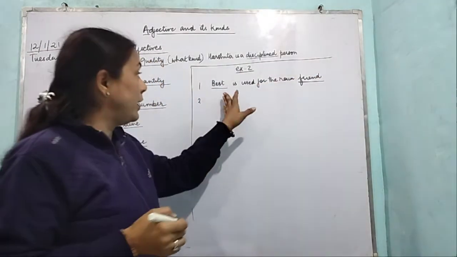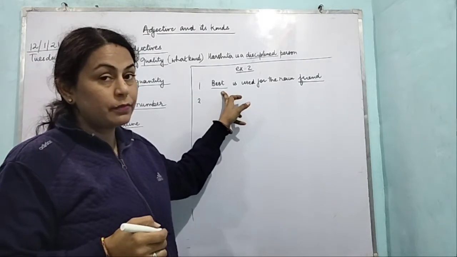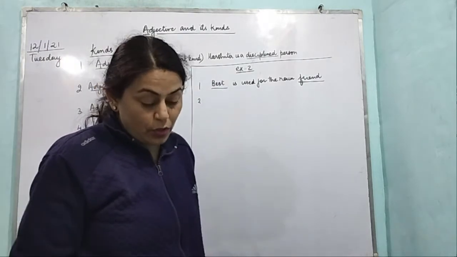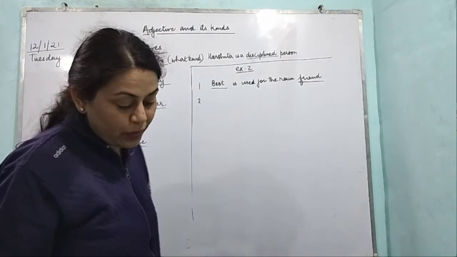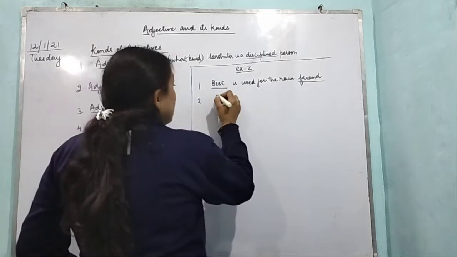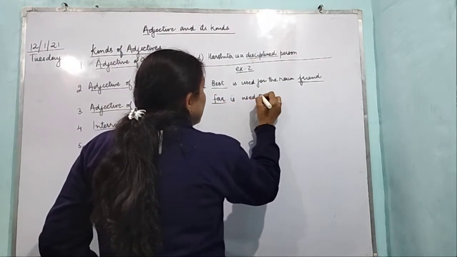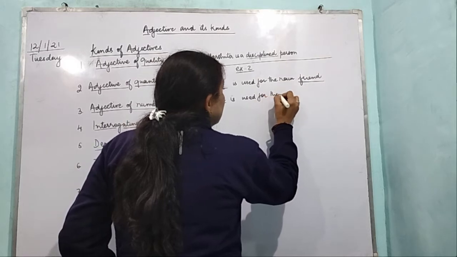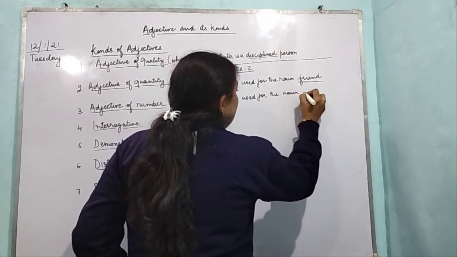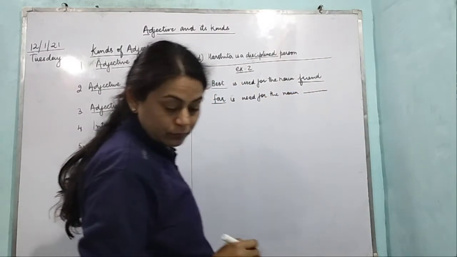So what kind of friend is he? He is a best friend. Now come, our school is far from here. Far is used for the noun school.